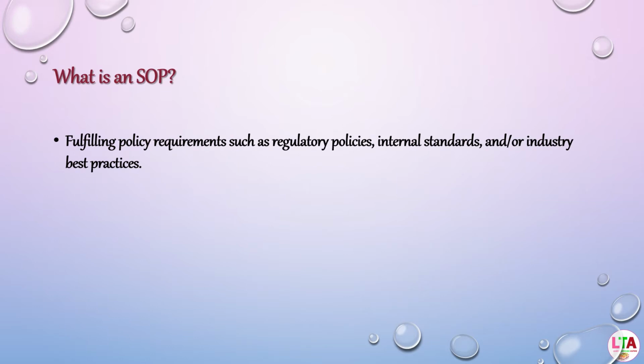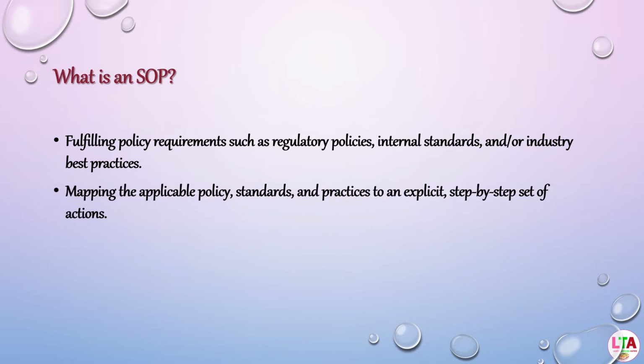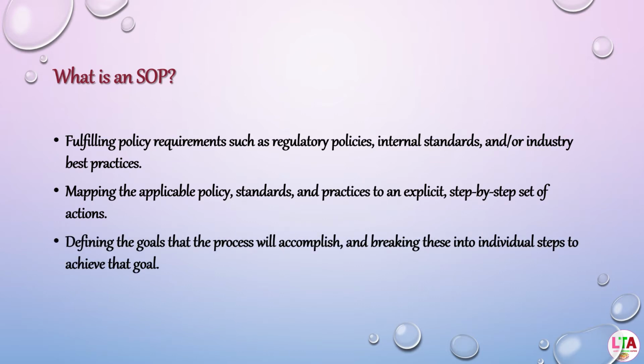An SOP helps us fulfill requirements such as regulatory policies, internal standards and or industry best practices. It also helps to map the applicable policies, standards and practices to an explicit step-by-step set of actions to be performed for a particular process.